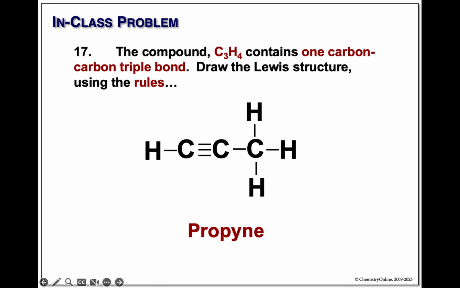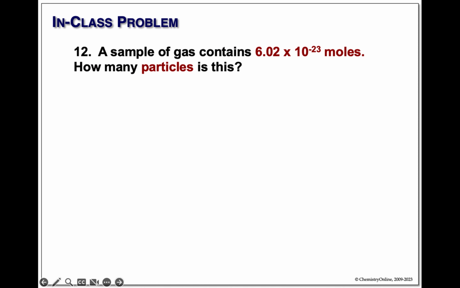It does. One more gave us problems, and that was this guy. We have 6 times 10 to the 23 moles. How many particles? Well, we all remember Avogadro told us 6.02 times 10 to the 23rd particles per mole.